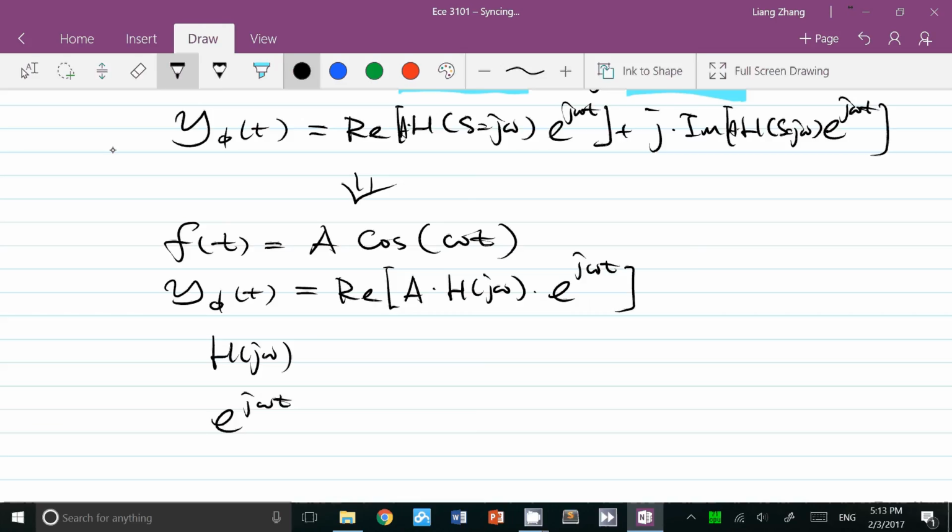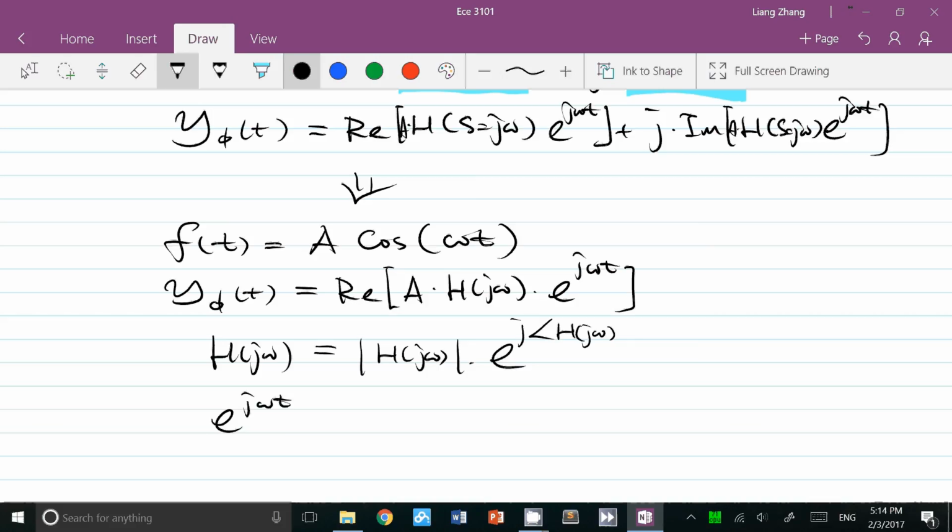Now, what I can do is rewrite the first term in the polar form of a complex number. In other words, I have to find the magnitude of this one, the absolute value, and the angle. If you're not sure how this is obtained, you want to refer to the background material chapter.